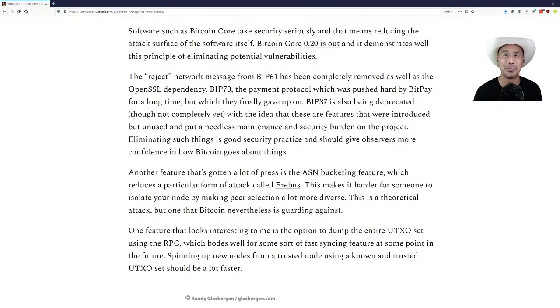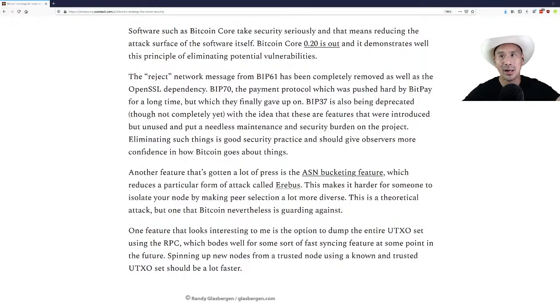Similar thing for OpenSSL and BIP70. OpenSSL was put in there as a library starting in the original Bitcoin client as a way to be able to use ECDSA cryptography and SHA-256 and things like that, which are all integral parts of Bitcoin. But since then, there have been highly optimized, much better implemented libraries like libsecp256k1 and a different SHA-256 library, which means you don't have this external dependency.